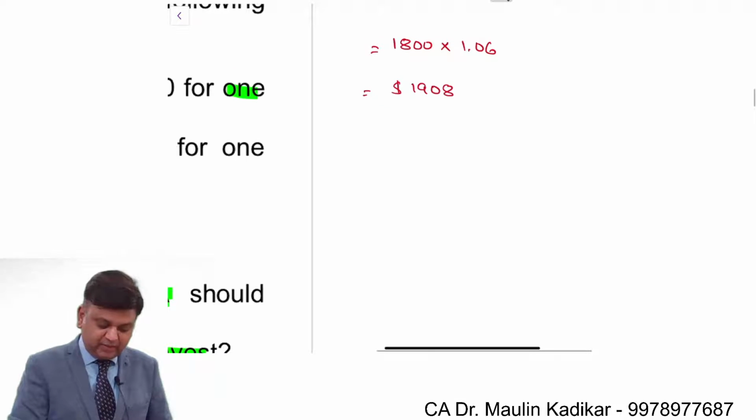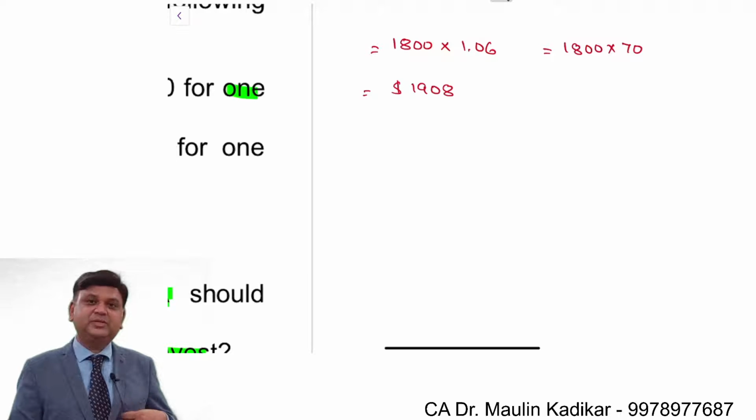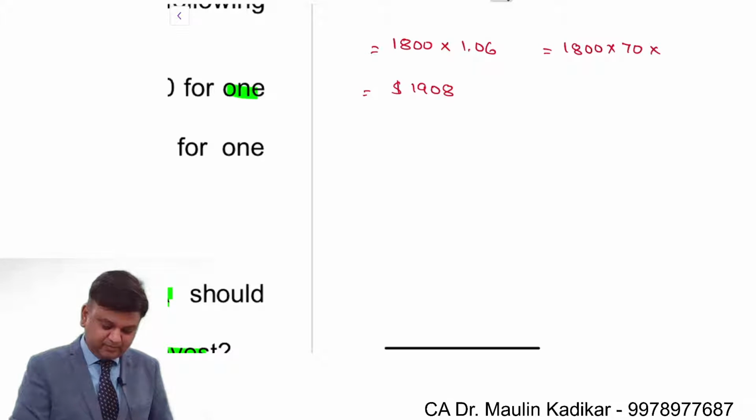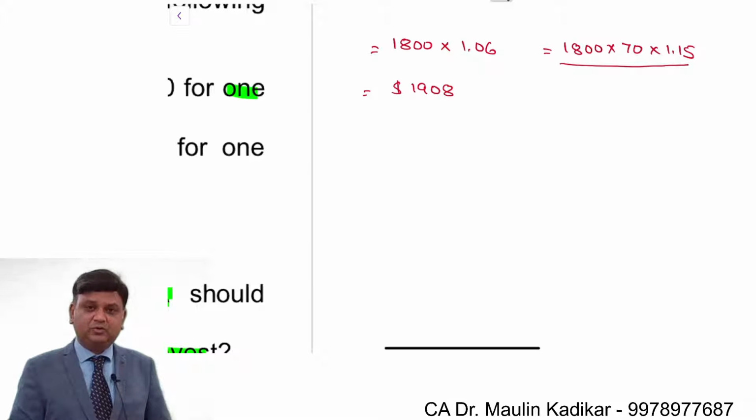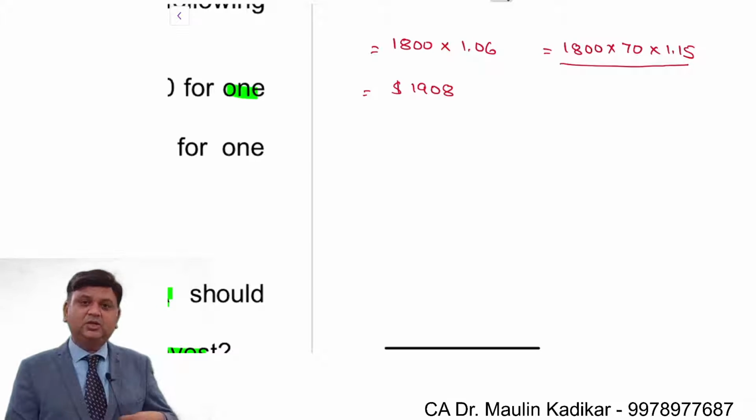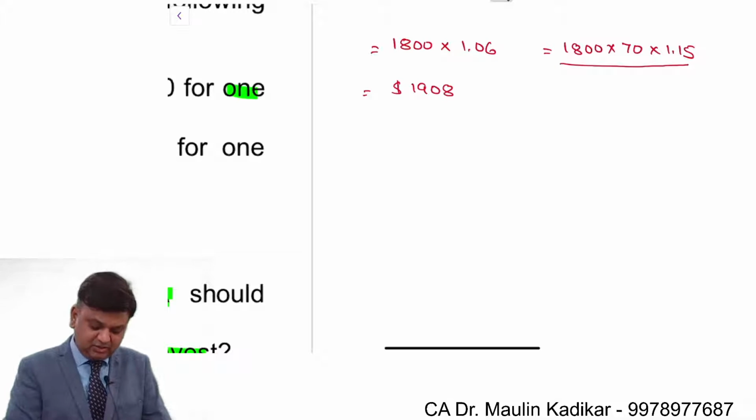And if at all you borrow in rupee currency, it is 1800 into 70. This is the amount of rupees that you have to borrow, for which this is the repayment. And whatever repayment you have to make, for that you will again enter into the transaction for conversion.